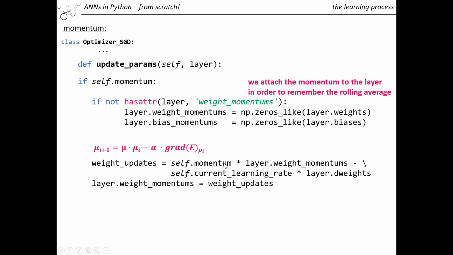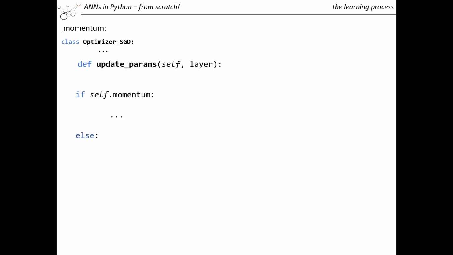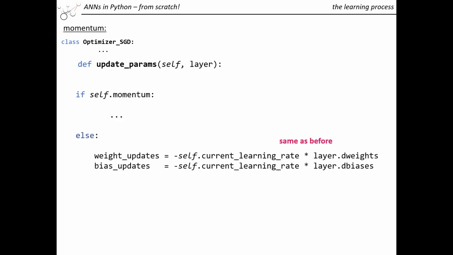So that's the recursion we just discussed earlier. Here's the factor mu, and we constantly multiply this with the factor mu. So the sum here grows over time, but the further away it is from the current iteration, the higher the power of the momentum is. And we want to do this for the biases as well.